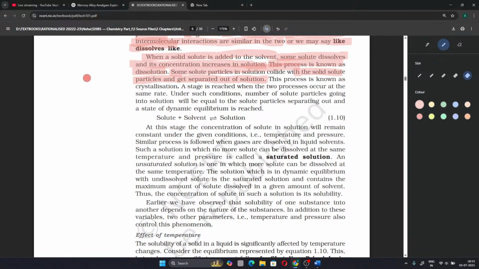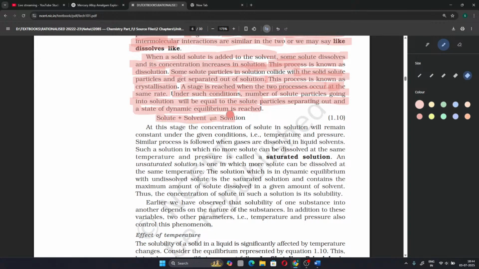This process is known as crystallization. A stage is reached when the two processes occur at the same rate. Under such conditions, the number of solute particles going into solution will be equal to the solute particles separating out, and a state of dynamic equilibrium is reached.